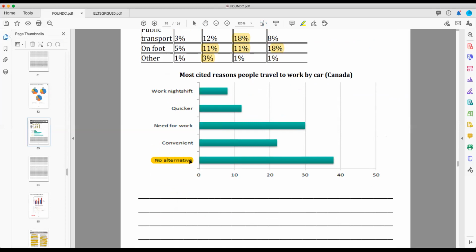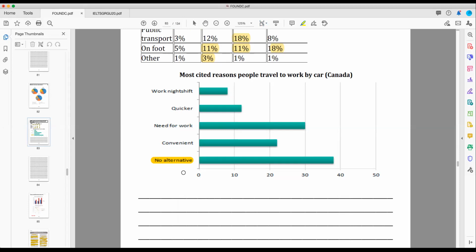Or not available? No available public transport? No, I wouldn't say that myself, because we don't know what no alternative means.